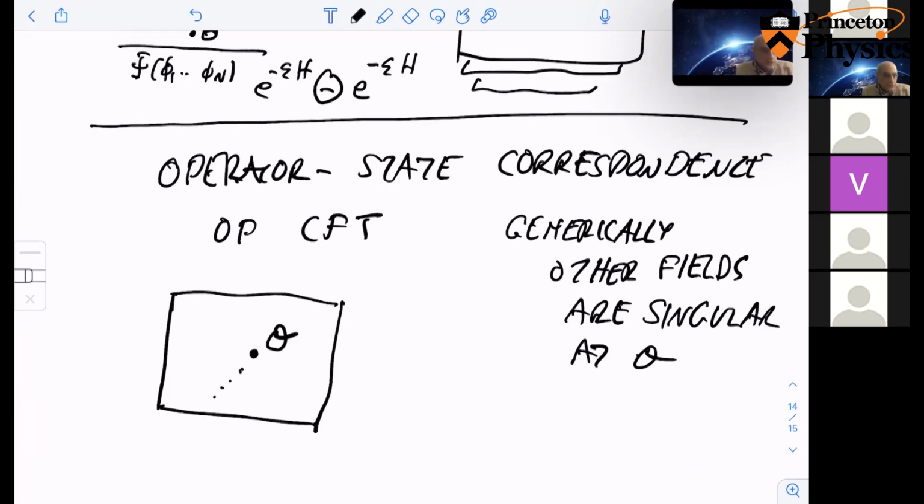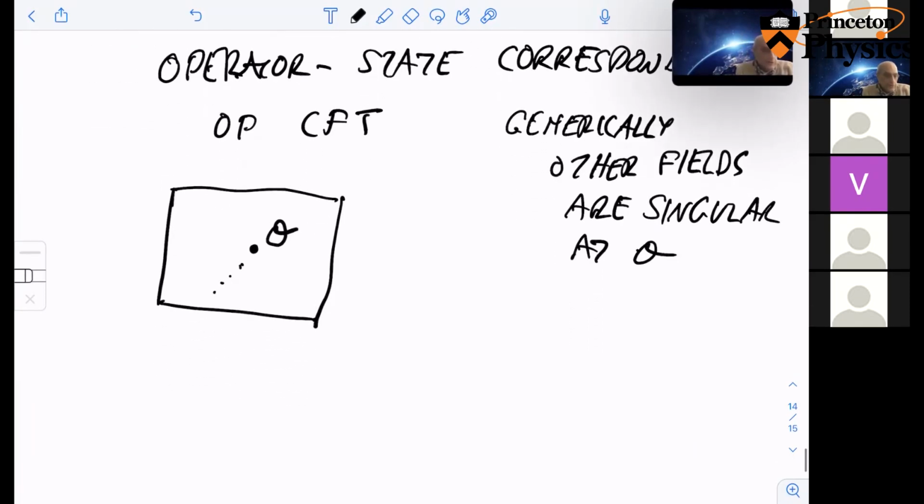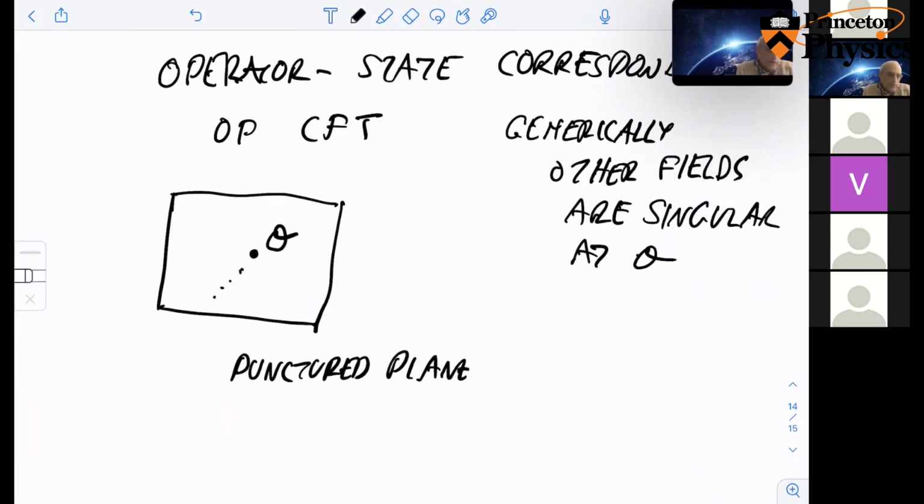That suggests removing the point where the operator is inserted and using the fact that the punctured plane is conformal to a cylinder.